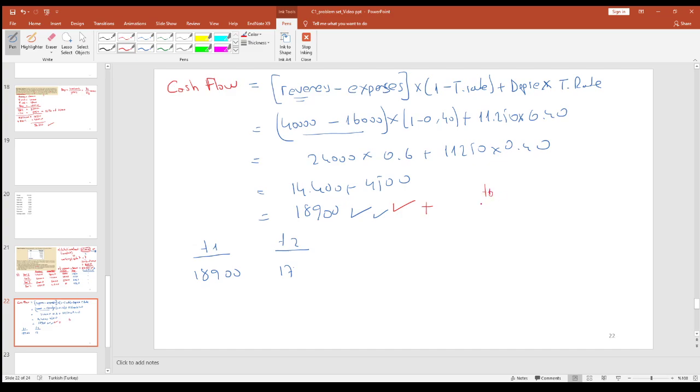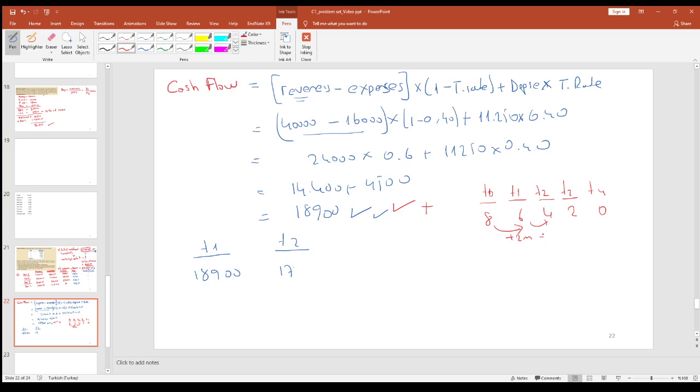This is T0, T1, T2, T3, and T4. Remember, working capital was 8 million at T0, 6 million at T1, 4 million at T2, 2 million at T3, and 0 at T4. So decrease here means you are going to have additional 2 million.